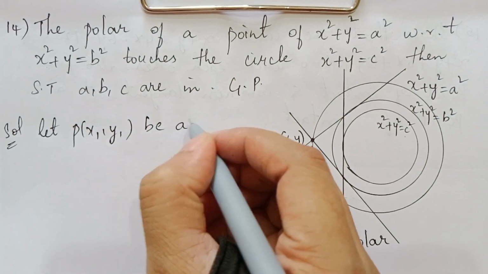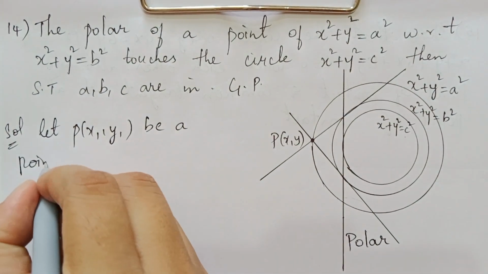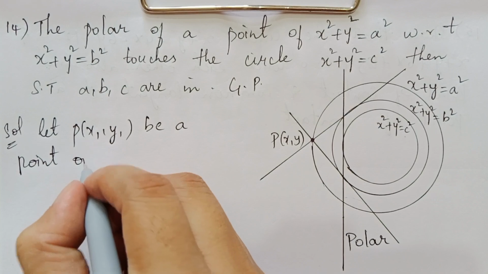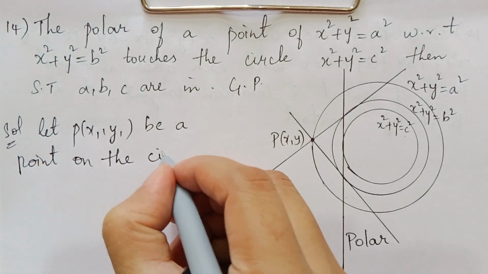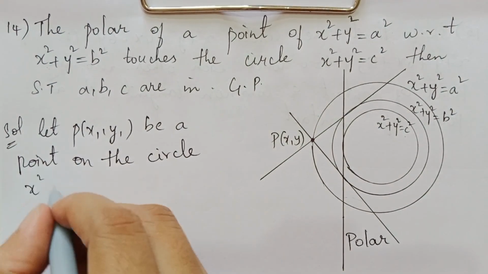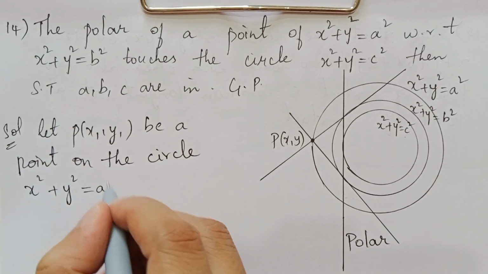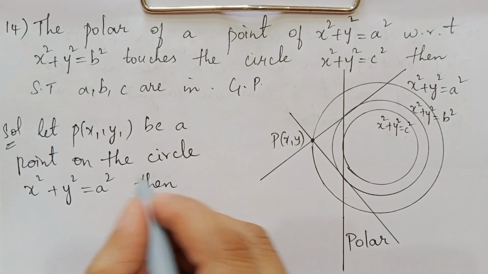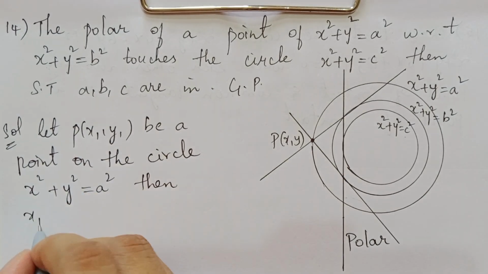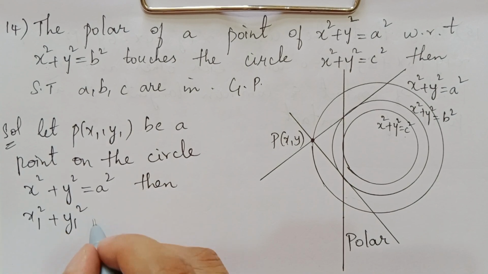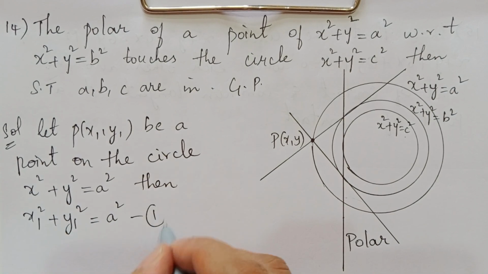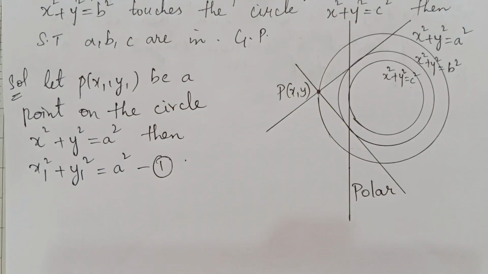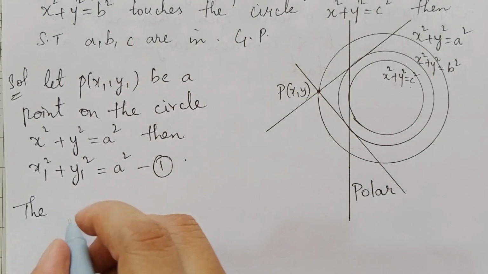So we'll consider P(x1, y1) to be a point on the circle x square plus y square equal to a square. Then we can substitute that point here, so it is x1 square plus y1 square equal to a square, as equation 1. And now we'll write the equation of the polar.